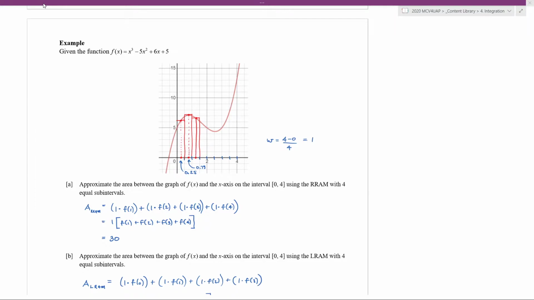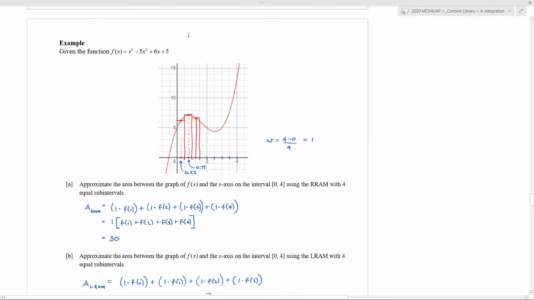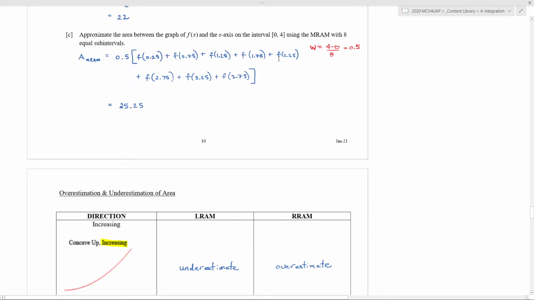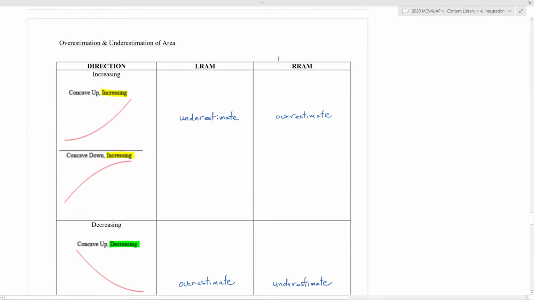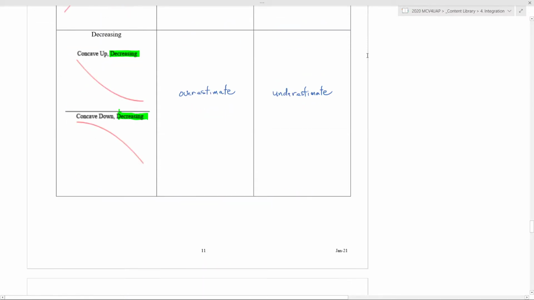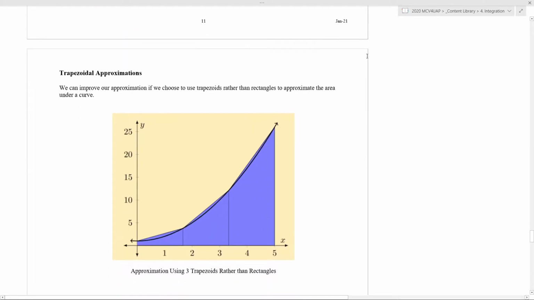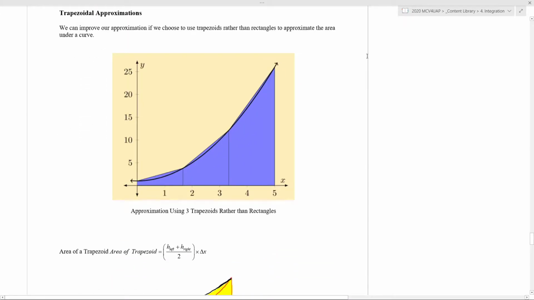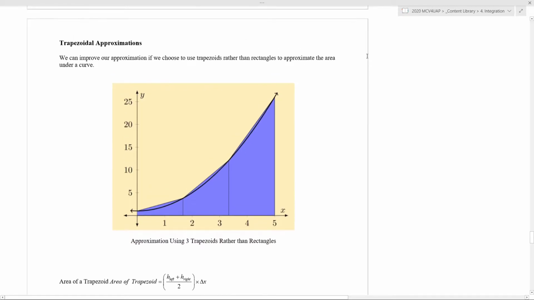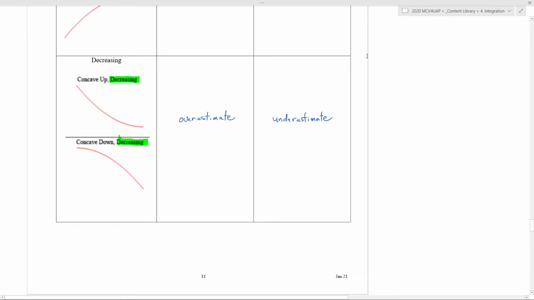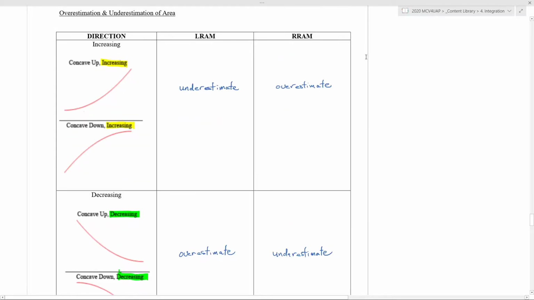I think we did it, sir. Yeah, I think we already did it. We did the whole thing? Yeah, I think we're on the next one. This chart right here? Yeah, we talked about this. Okay, also, we didn't start trapezoids though, did we? No, I don't think so. Okay, so I'll start with this slide here and I'll go from there.